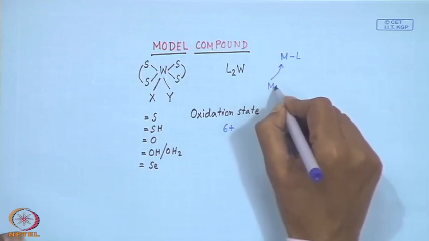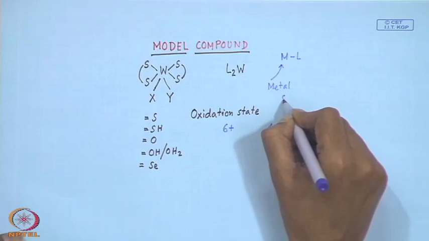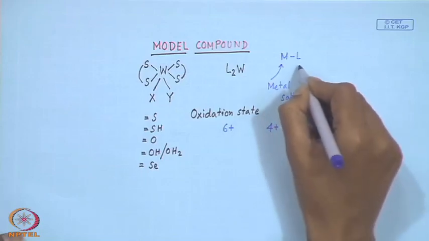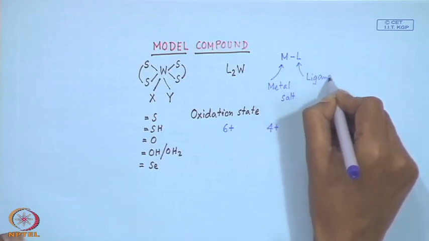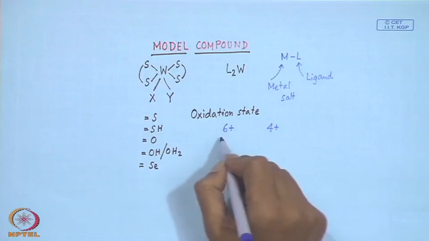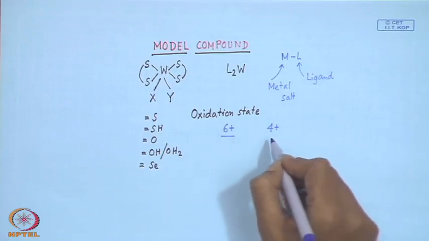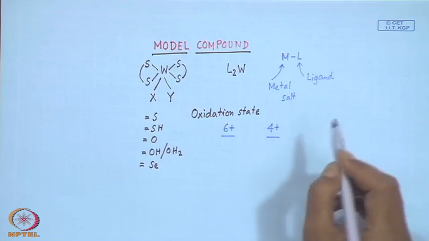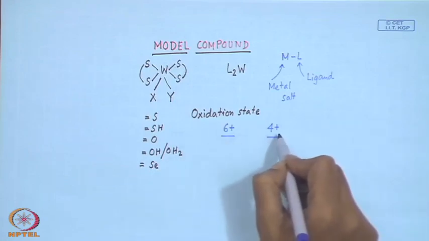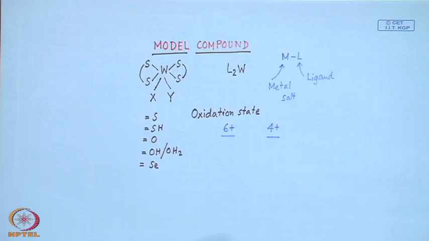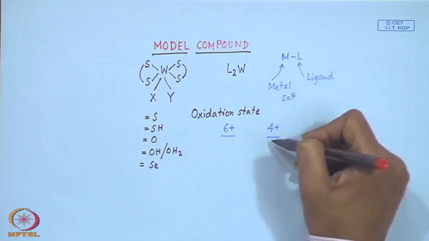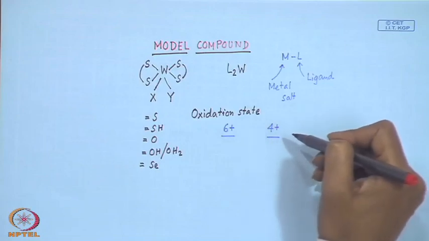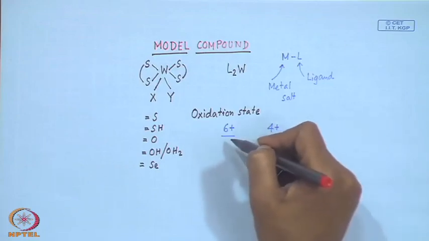The choice of metal salt is important, and the choice of the ligand also, and whether the same ligand system can stabilize this tungsten site in either the +6 or the +4 oxidation state, because it is not possible to have any unique ligand system such that the same ligand can stabilize the tungsten environment in both possible oxidation states, the tetravalent and the hexavalent.